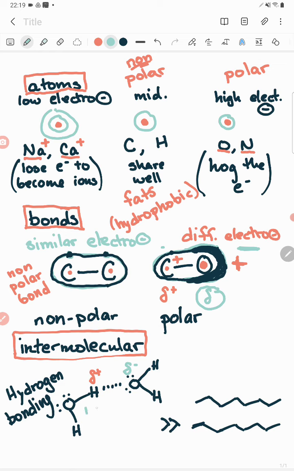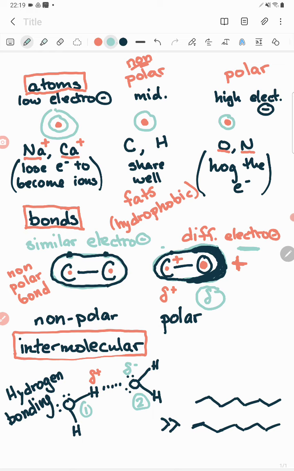This would be molecule 1, molecule 2, and you'll have this attraction between the positive and the negative, creating not a full bond, not in the classic covalent sense, but an interaction where they're attracted to each other, just like positive and negative would normally be attracted to each other. Now these are relatively strong interactions as intermolecular forces go.